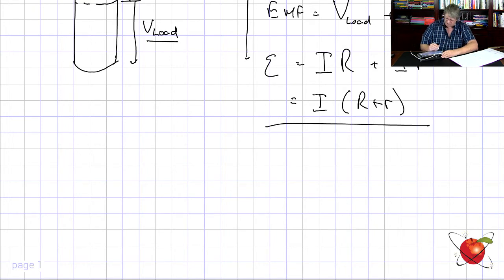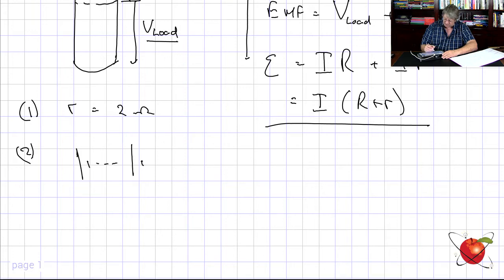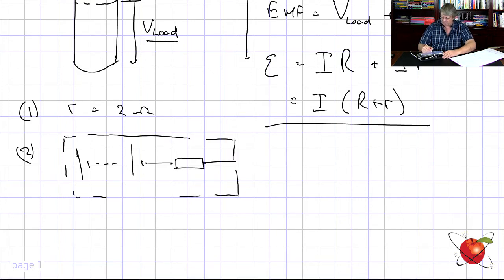How do you see this? Well, either, number one, they tell you r is equal to 2 ohms or whatever it is, or number two, they give you a battery and tell you the battery EMF is 12 volts and it's got an internal resistance.